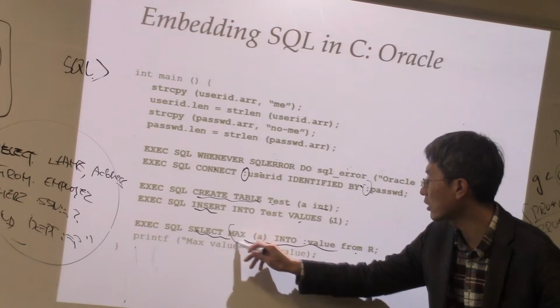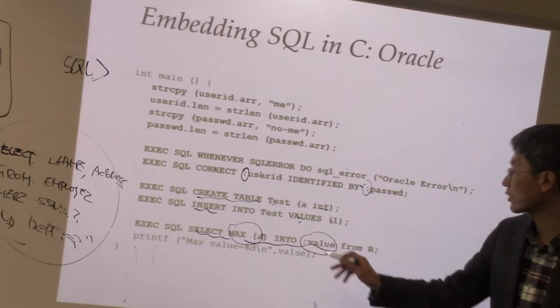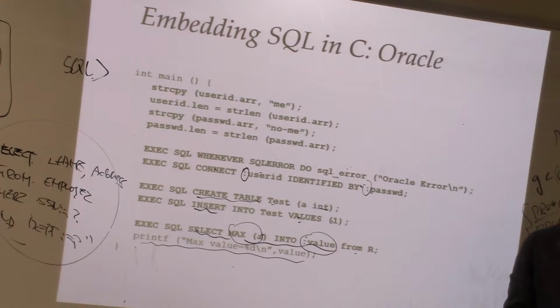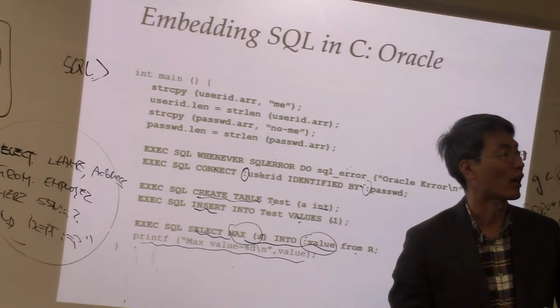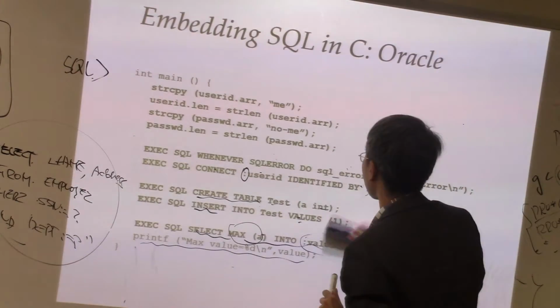Then select the maximum value of A into the saved value. This is a semicolon. Then in your C code, you can use that value. This is the basic procedure for how to use embedded database programming.